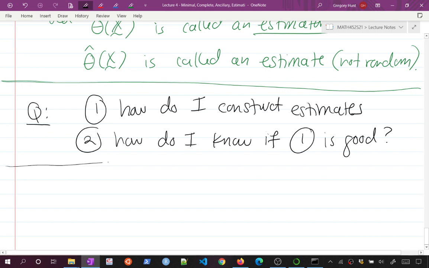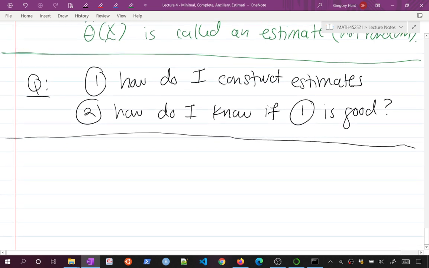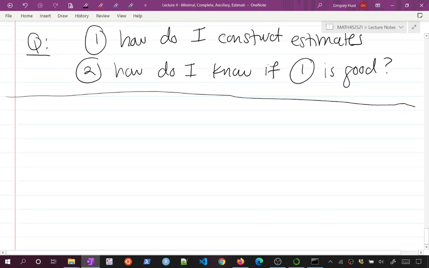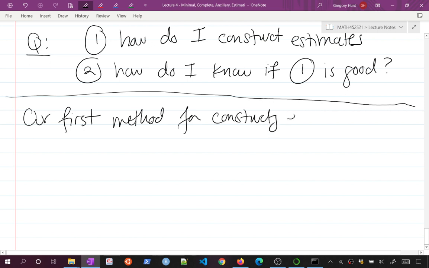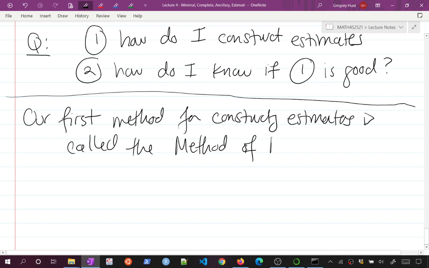So we're going to learn a couple of ways of constructing estimates or estimators, and we'll talk about evaluating them and how to determine the best way to estimate something. Our first method for constructing estimators is called the method of moments.